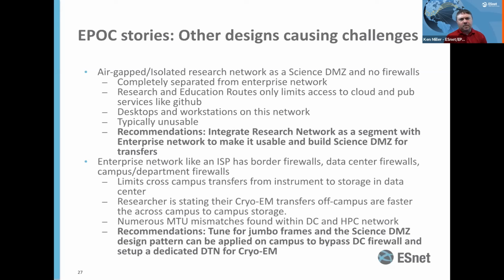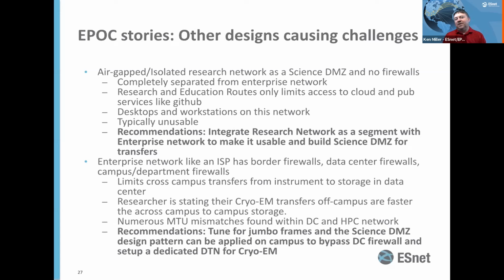A lot of times this is limited to only research and education networks, so it limits access to cloud and other services, like GitHub. And this is typically unusable. Some people have complained that while they can do certain things very well, other basic functions they can't get done.